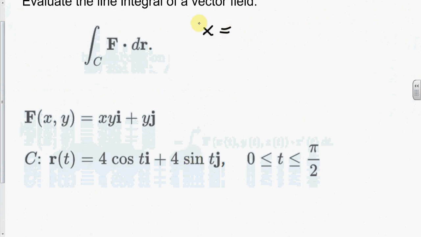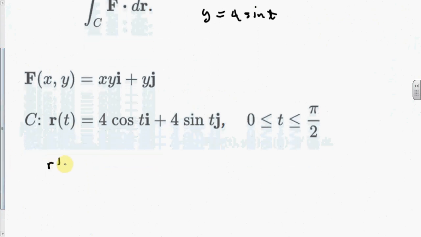From what's given, from the curve, x is equal to 4 cosine t and y is equal to 4 sine t. Okay, right? Also, I need r prime of t. That's negative 4 sine t i plus 4 cosine t j.